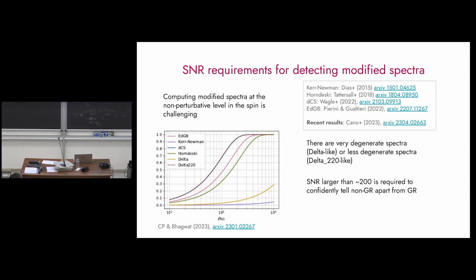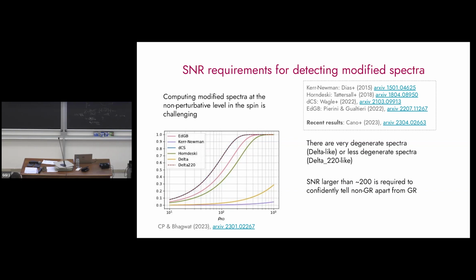In GR, you can do it, and it has been done, and so we know the spectrum of quasi-normal modes in GR. In beyond GR theories, we don't. So the only full case in which people can do the computation, and it's non-GR, is almost GR. It is Kerr-Newman. So it is GR plus an electromagnetic field. In all the other cases, they can only do computations perturbatively in the spin.